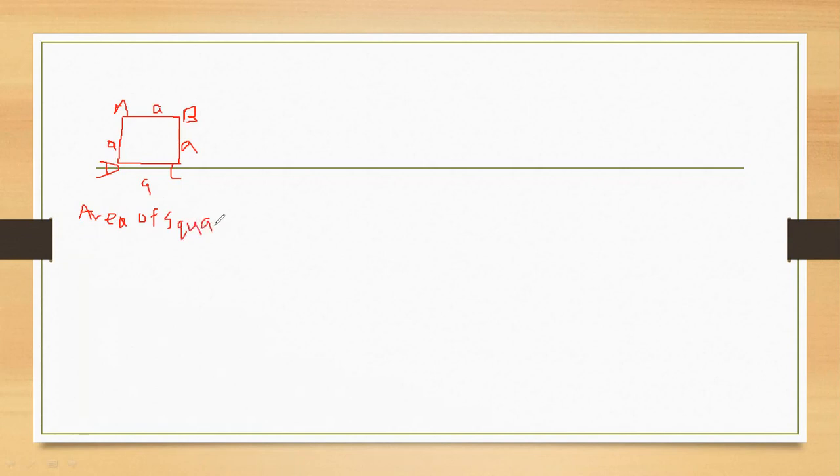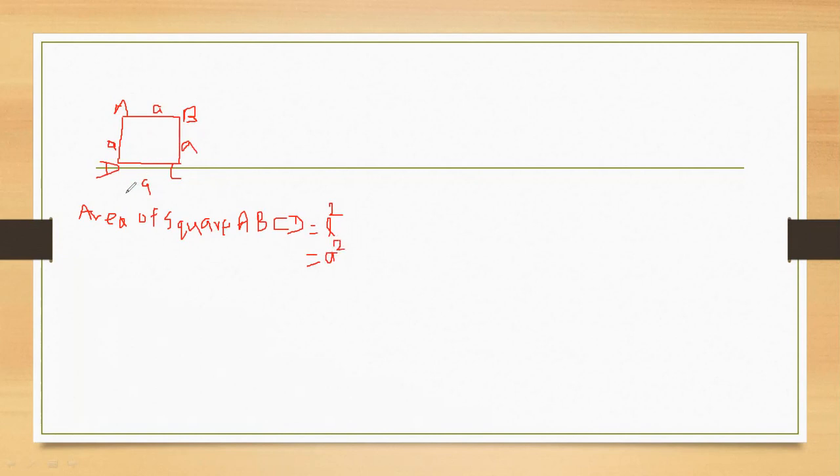That's why we write the area of square ABCD, and its formula is L square. Then if you put the length value a there, it will be a square, because the length is given as a.